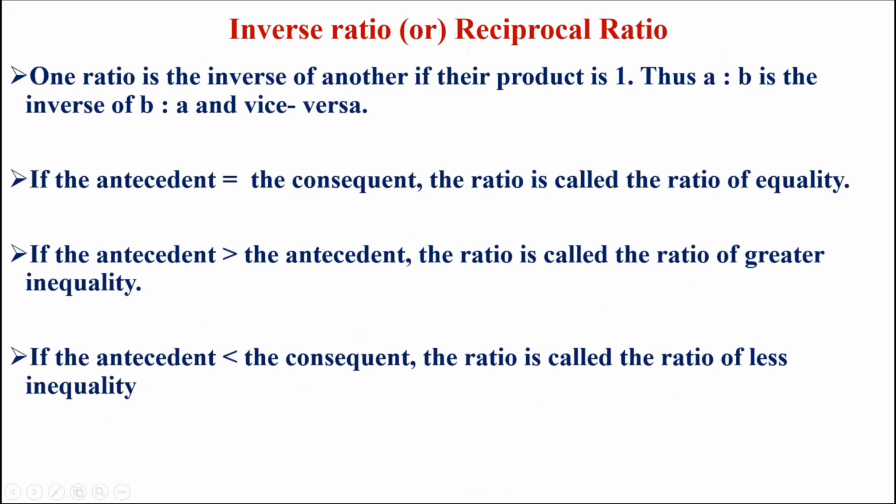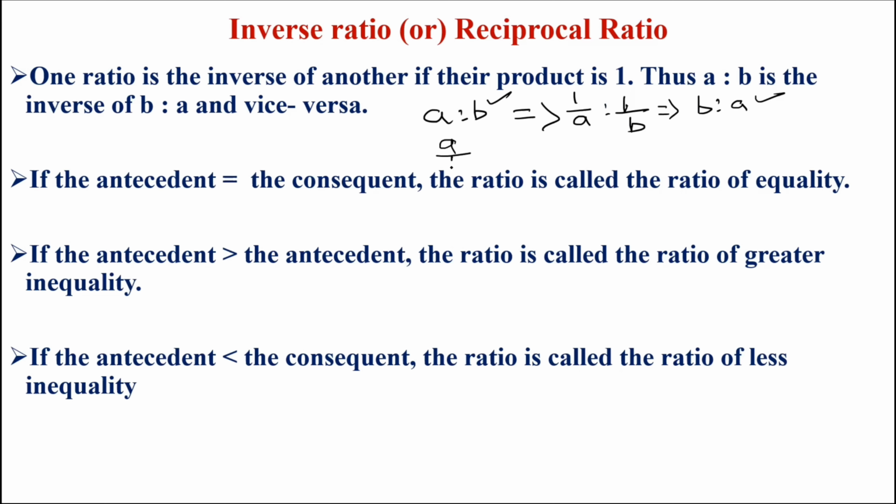Next, inverse ratio. The concept of inverse ratio. For example, if the ratio is A:B, then the inverse ratio is 1/A:1/B, that will become B:A. If A:B is the ratio, then the inverse ratio of A:B is B:A.